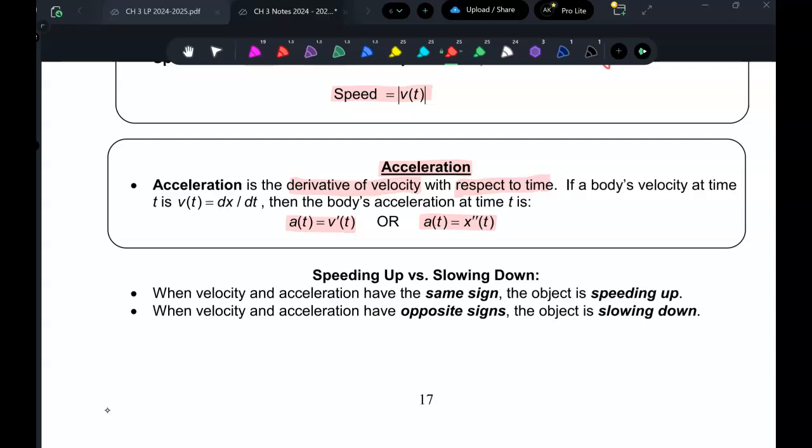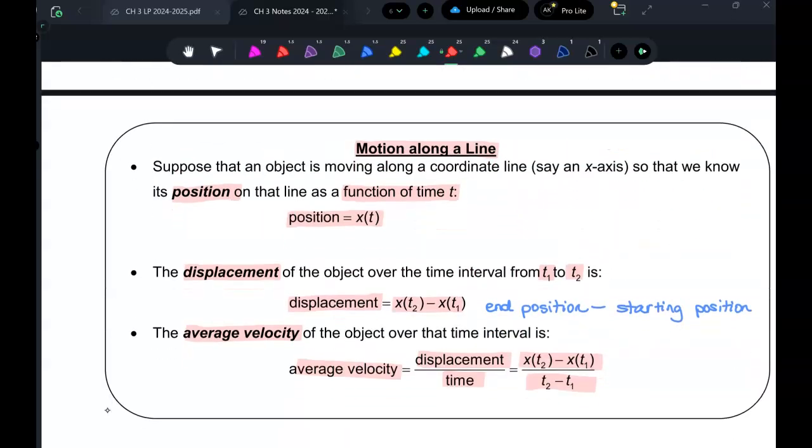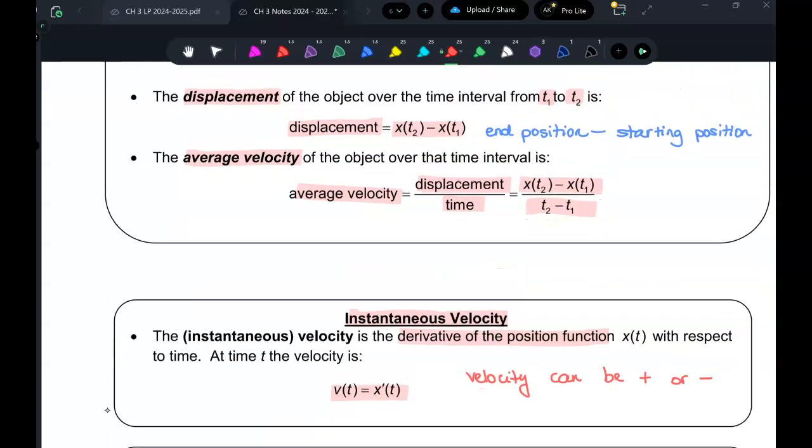And just a note on the units for these. Position is not so important to put units, because usually you would say something like 3 units to the right of where we started. Velocity, average velocity, and instantaneous velocity will always be a linear unit per unit of time.